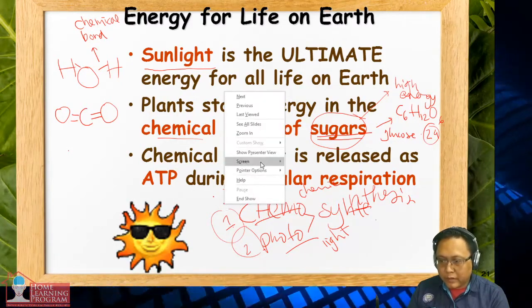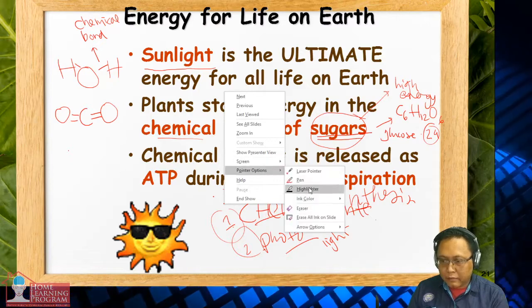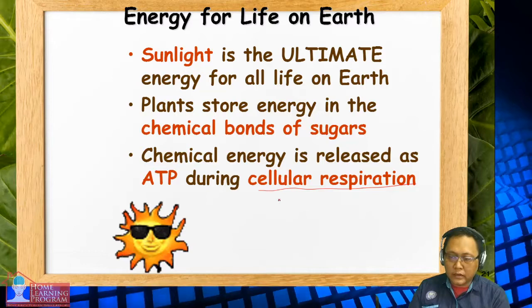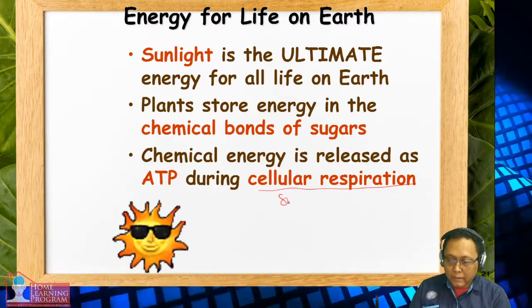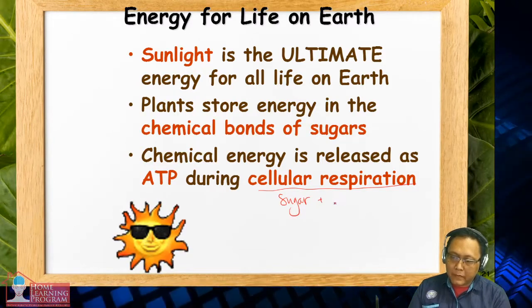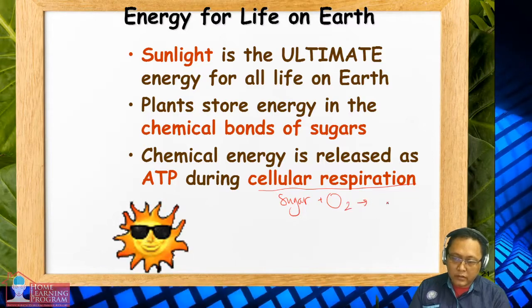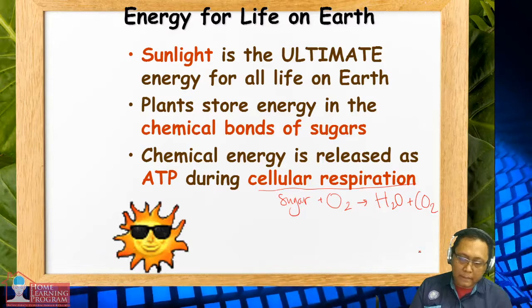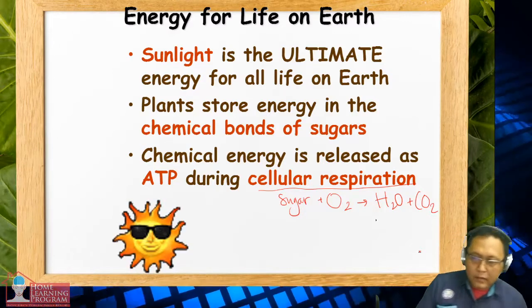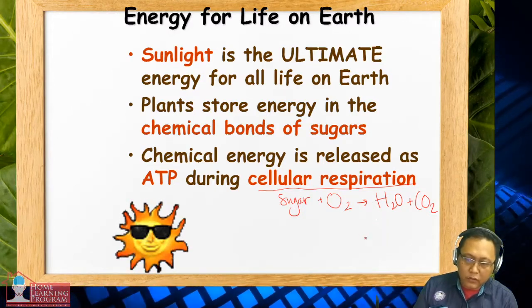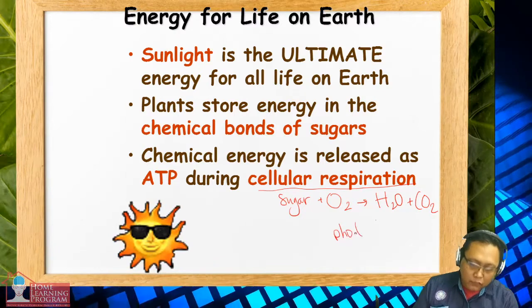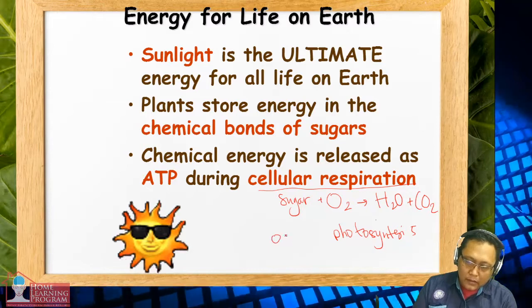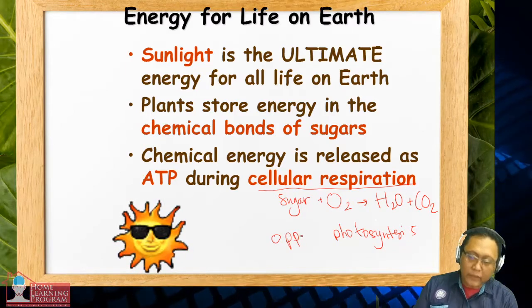Remember that in cell respiration, the reaction is sugar and oxygen, and you end up with water and carbon dioxide. This is the opposite of photosynthesis. Of course, you know this already, I'm just pointing that out.